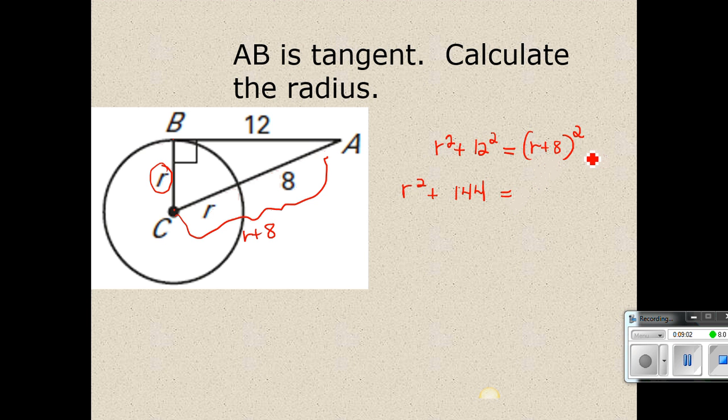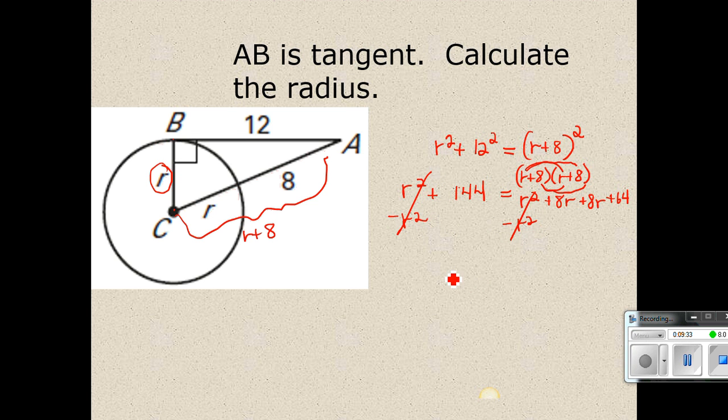Now, if you remember from Algebra 1, that means R plus 8 times R plus 8. If we have two binomials, we can use the double distributive property. R times R is R squared. R times 8 is 8R. 8 times R is 8R. And 8 times 8 is 64. Now I will subtract the R squared from both sides, and look at that, they cancel out.